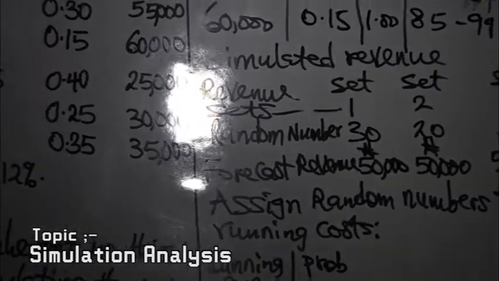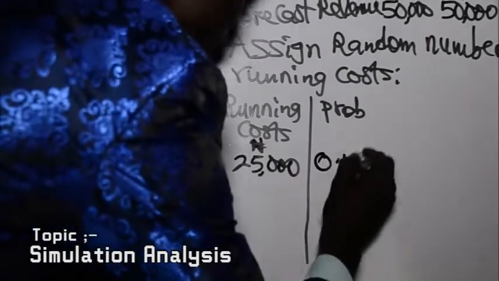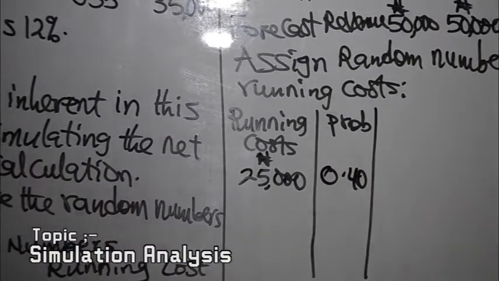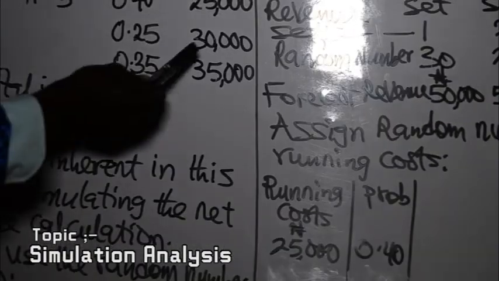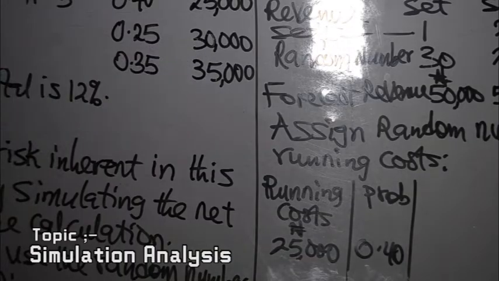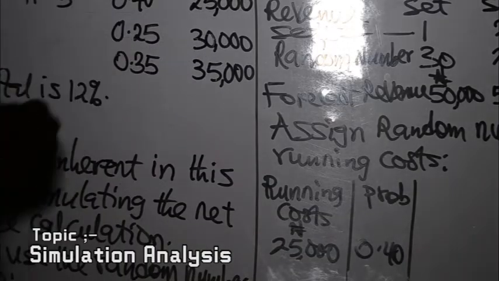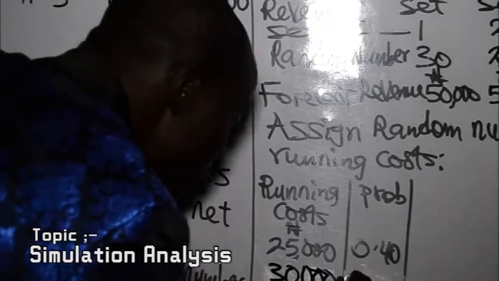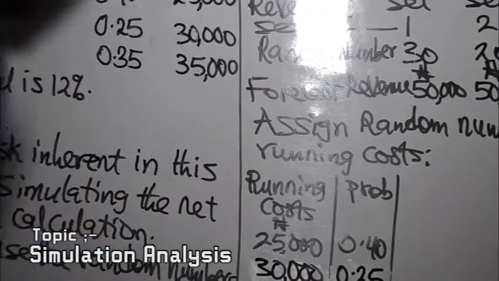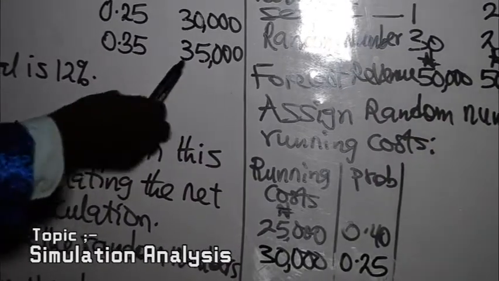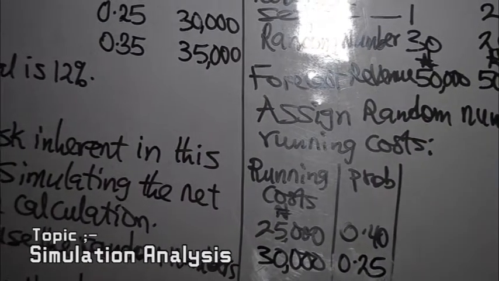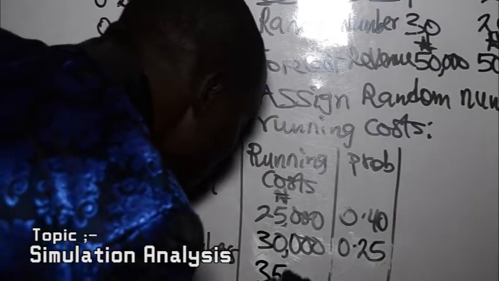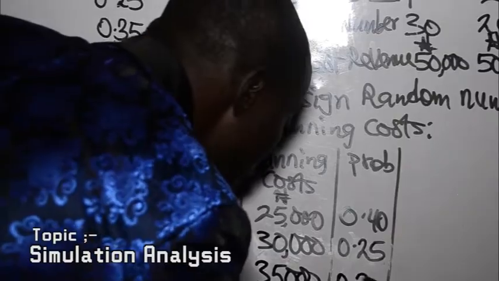Then we also have a running cost of 30,000, and the probability is 0.25. Finally, we have the running cost of 35,000 with the probability of 0.35.